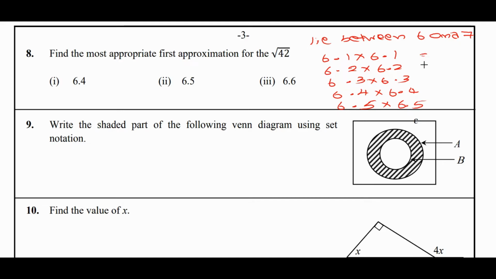Then we will calculate some values and try to find an approximate value for root 42. 6.1 into 6.1 should be equal to 37.21. We didn't receive the value we need. Then we can try 6.2 into 6.2, which equals 38.44.